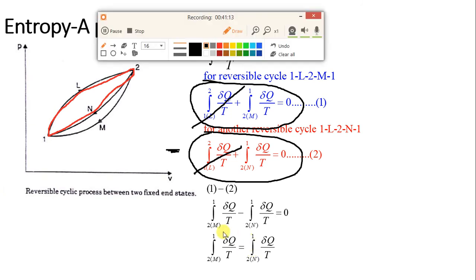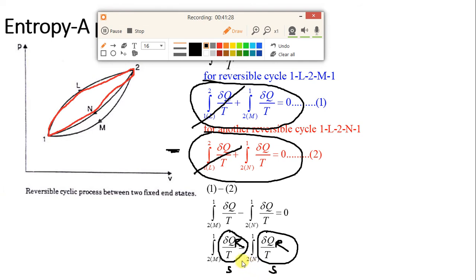Now what is this part? This is a reversible cycle, right? So this will be QR. Basically this is QR and this is also QR, so you can replace this by entropy, and again you can replace this by entropy.